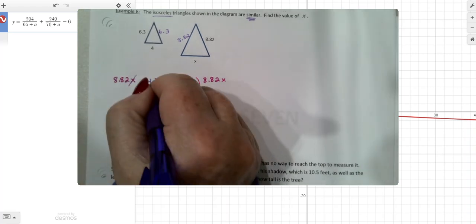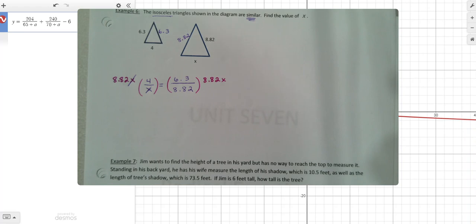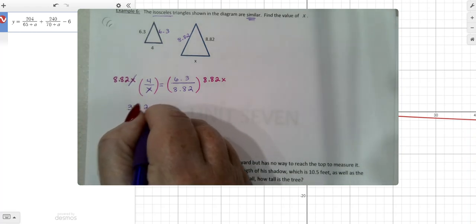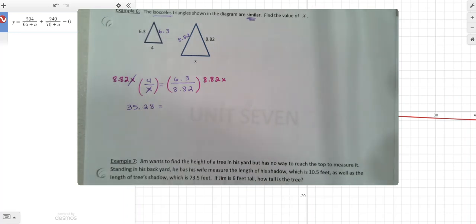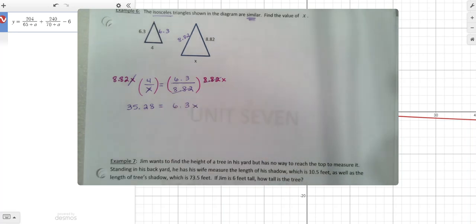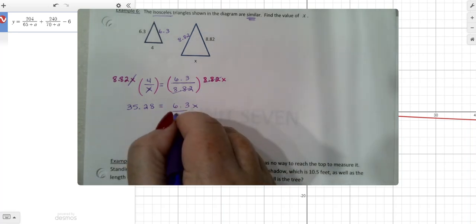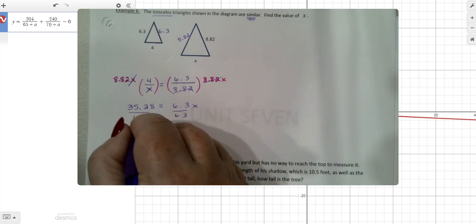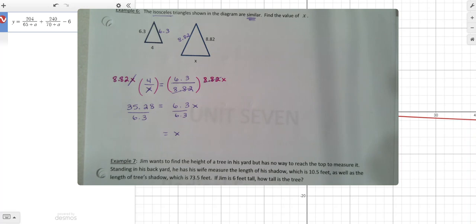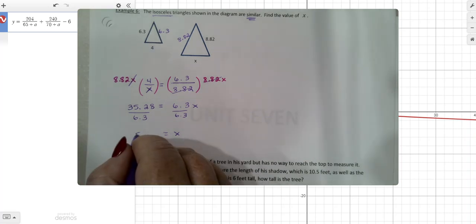And let's see, the x's divide out. And so I've got 8.82 times 4, which is 35.28. On this side, the 8.82's divide out, and I have 6.3x. And I'll just divide both sides by the 6.3. And I get 5.6.